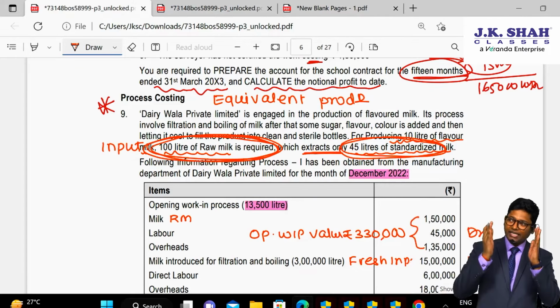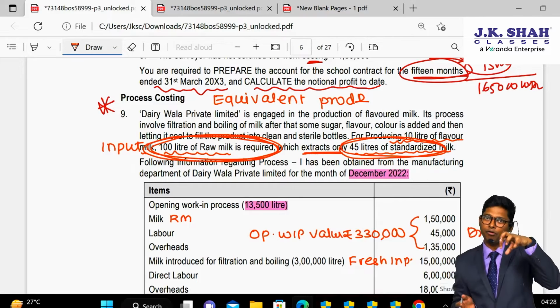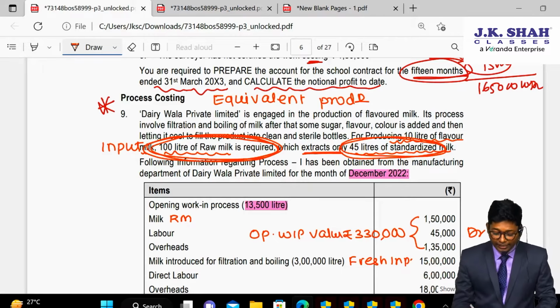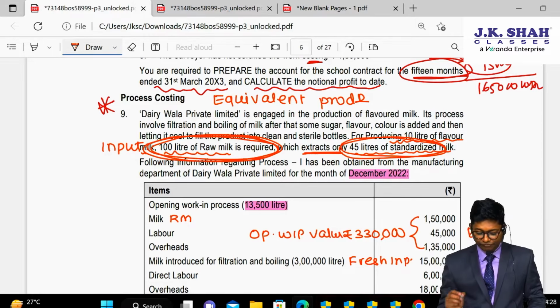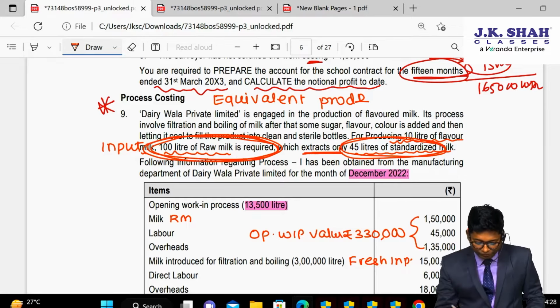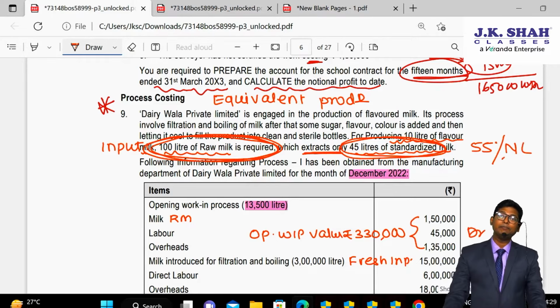So for the very first process, if you are introducing 100 liters of raw milk, how much standardized milk will you get? 45 liters, and that means 55 liters of milk is a loss for you. That 55 liters is called your normal loss, and I am expressing that normal loss as a percentage of input.